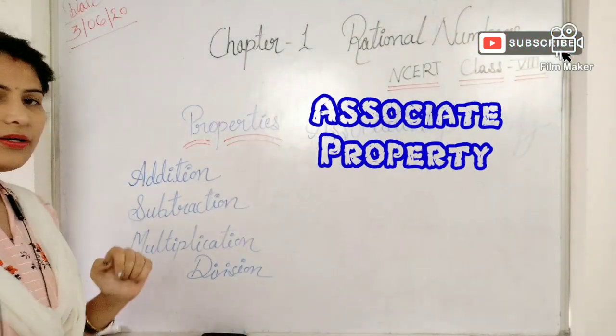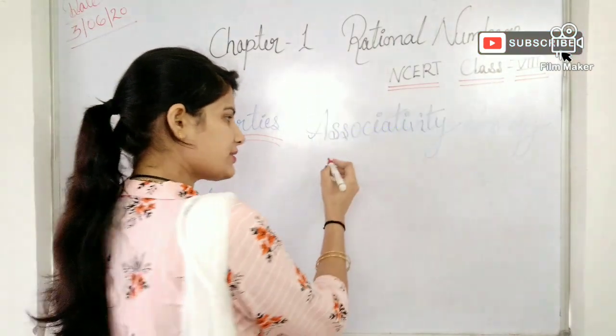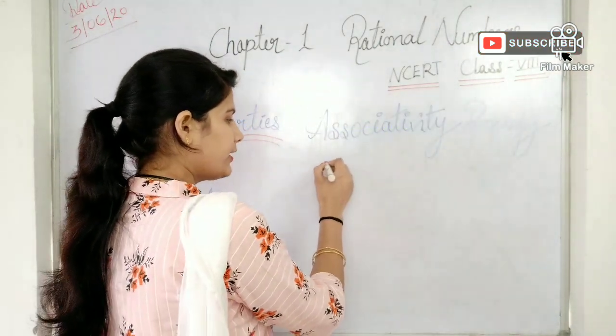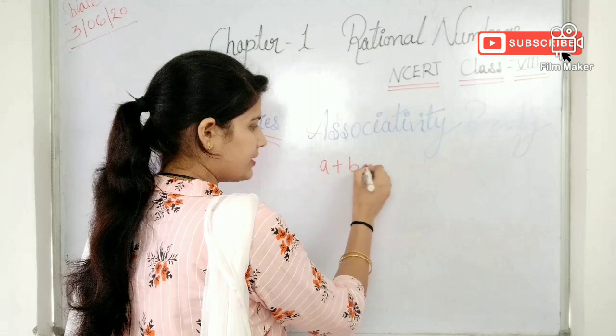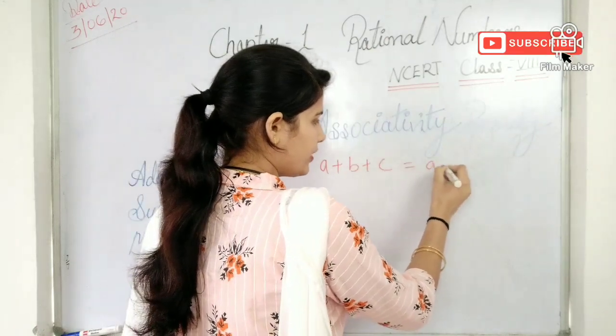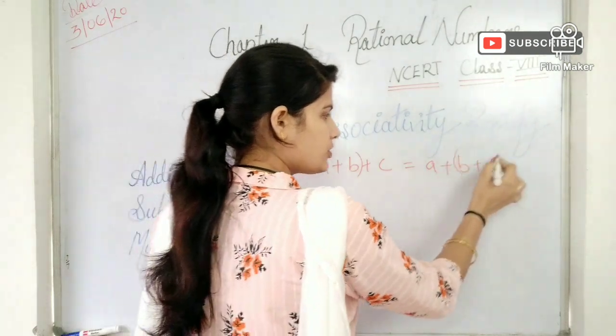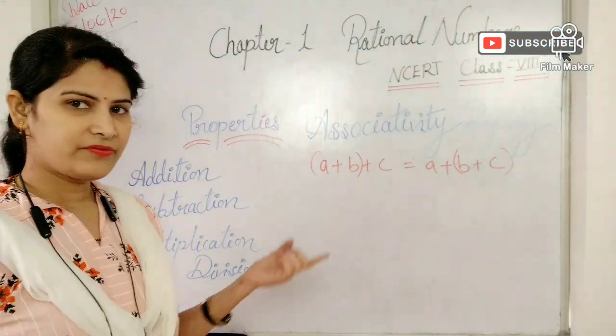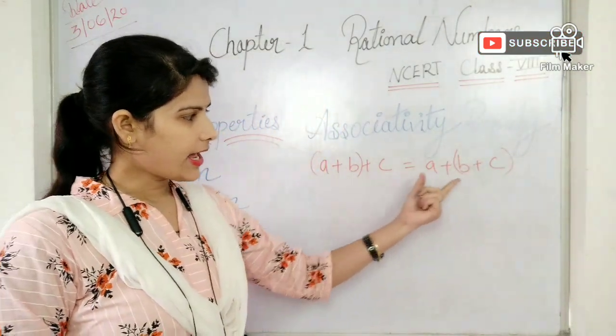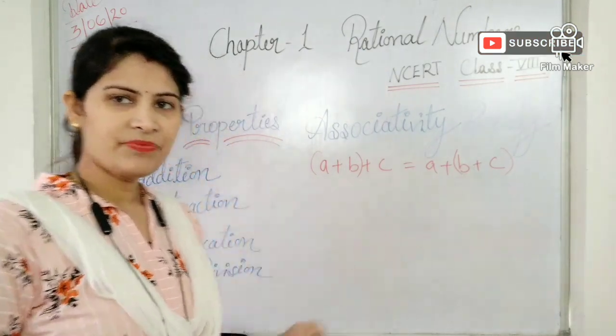So first we check addition. Do you know what the associative property is? a plus b plus c equal to a plus b plus c. This is the associative property, right? First we solve this and add, and then solve the bracket and then add.